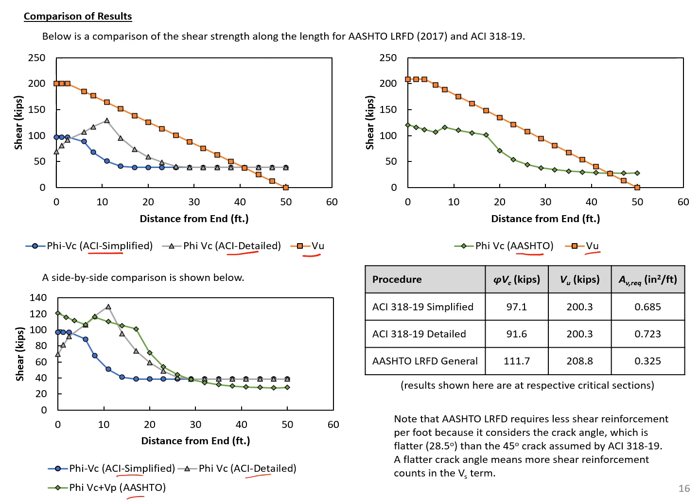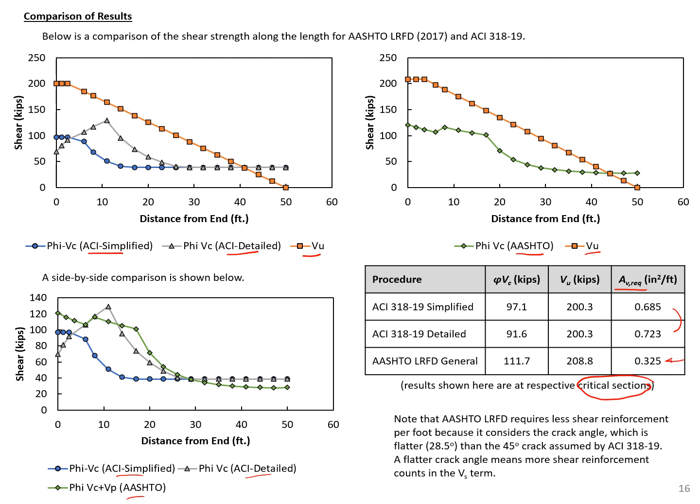And you can see in this case, the AASHTO expression and the ACI Detailed expression are fairly similar. You can see in the table a comparison of the Av required that we found at the critical section. You can notice the ACI Simplified and Detailed procedures have similar Av required. The AASHTO general procedure has a much lower Av required.